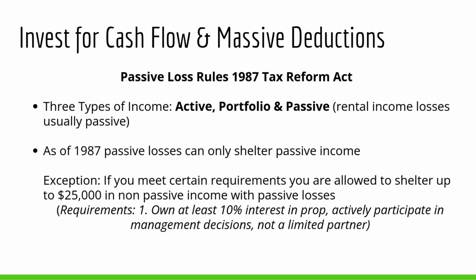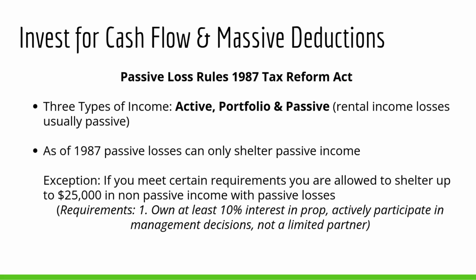Okay, there was a passive loss rule that was enacted in 1987. I'm going to give you the bartender's version of this so we don't get lost in the weeds. Basically, what it said is there's different kinds of income: active, portfolio, and passive. And this rule says you can only shelter active income with active deductions.